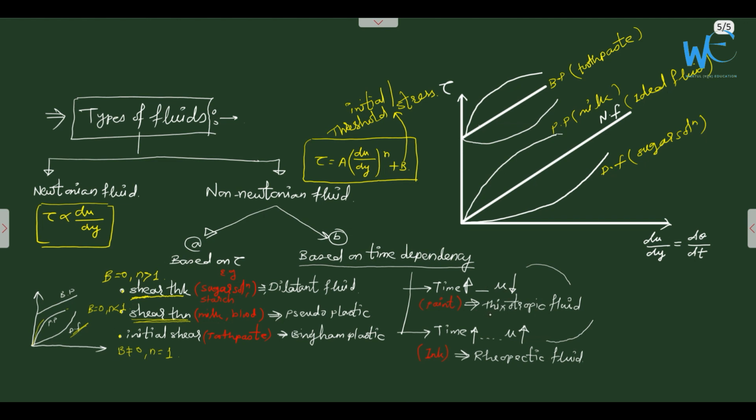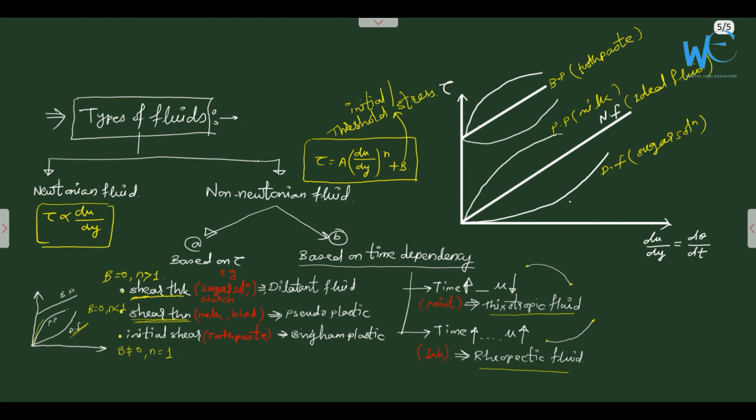So this is called thixotropic. What is their curve like? It is going down, so it is falling down. That's why I already drew it here. And for rheopectic fluid, according to time, simultaneously their viscosity also increases. So their graph keeps rising.